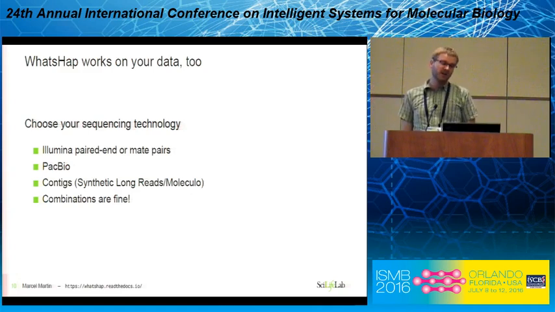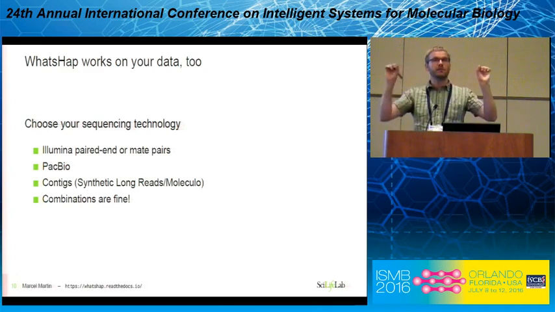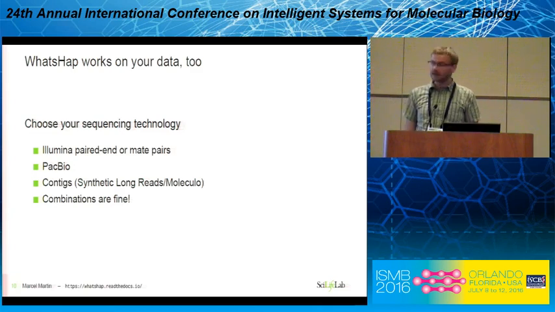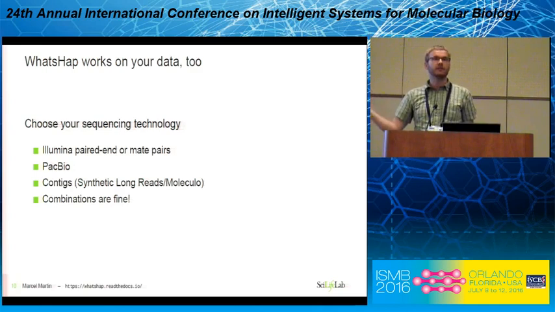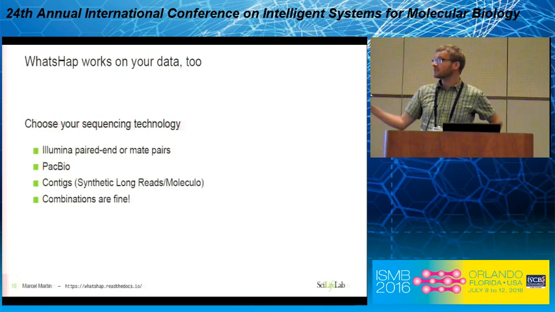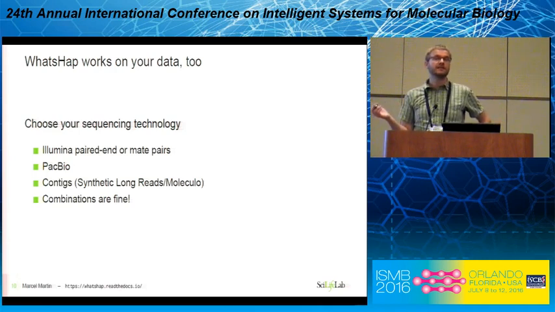And then you can also put in anything that I would call contigs, that is a DNA sequence from which you know that it comes from one single molecule. And under that heading, I would also put synthetic long reads, aka molecular data. So that also works. And in addition, you can actually combine any of those technologies, and WhatsApp will just do the right thing and improve the phasing.